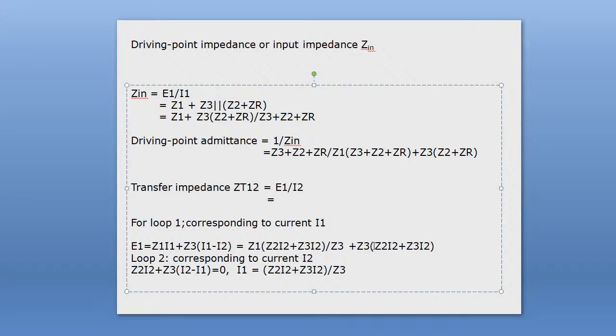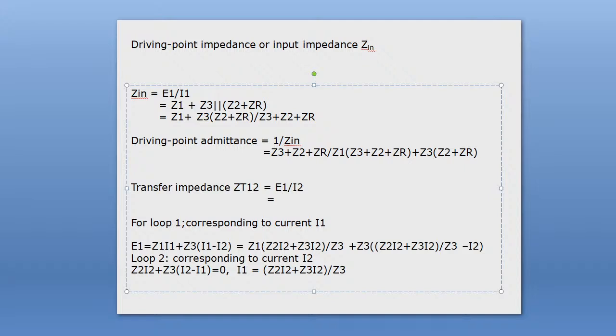Okay, Z3 I1 equal to Z1 times Z2 plus Z3, whole thing divided by Z3, and then a minus I2, and you write this whole thing divided by Z3. Everyone see the expression. If there is any error, please let me know.